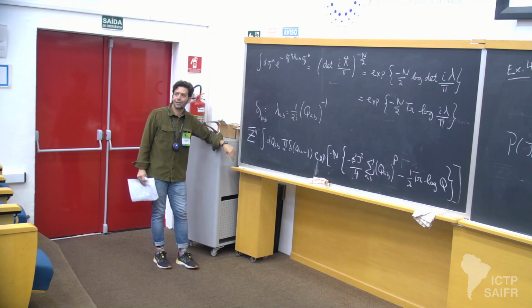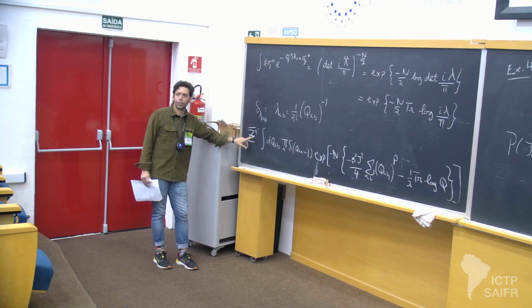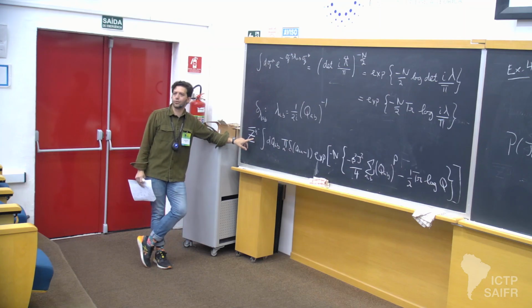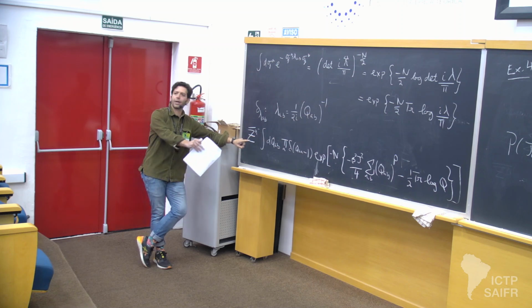How do we do that? We did this trick, right? Log is equal to the derivative with respect to n as n goes to 0. So first, we need to study the saddle points and hope that we get some analytic function of the number of replicas that we can trust the analytic continuation of.